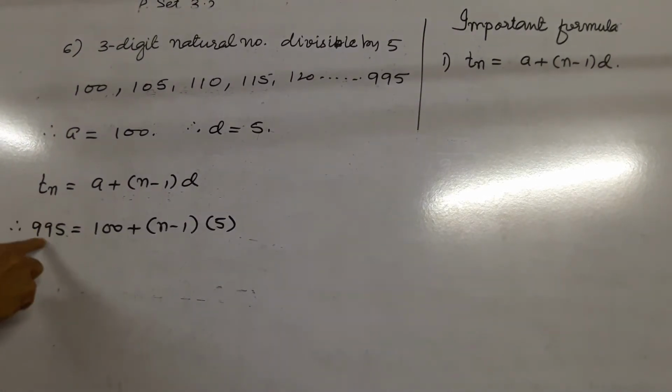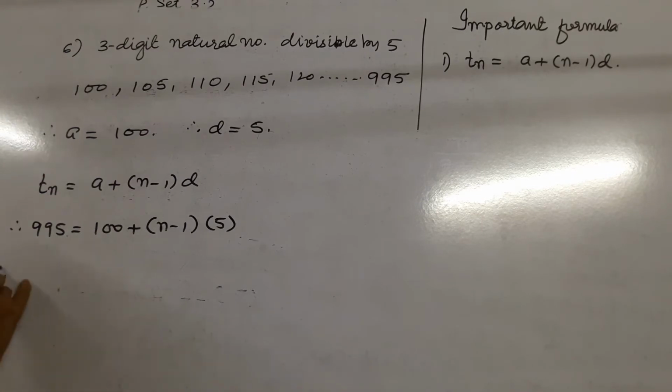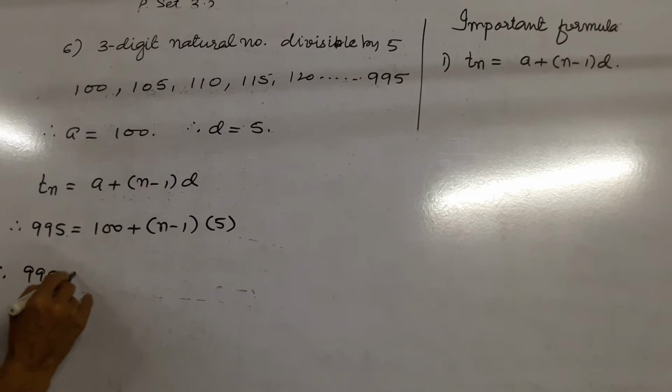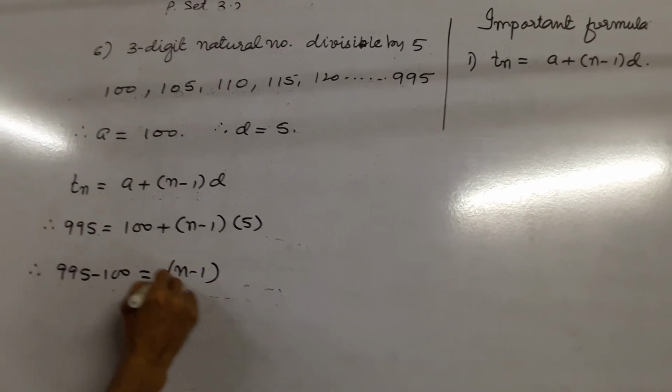So in place of tn write 995, a is equal to 100. Now let's solve this. So 100 write this side, so 995 minus 100 is equal to (n minus 1) into 5.